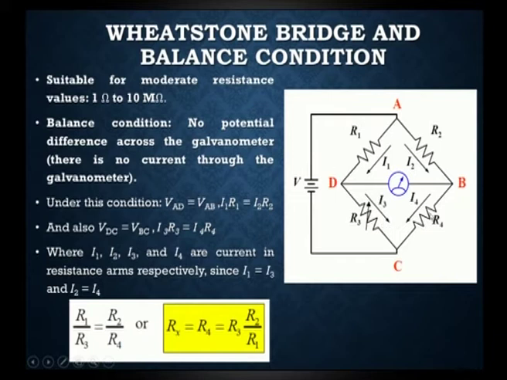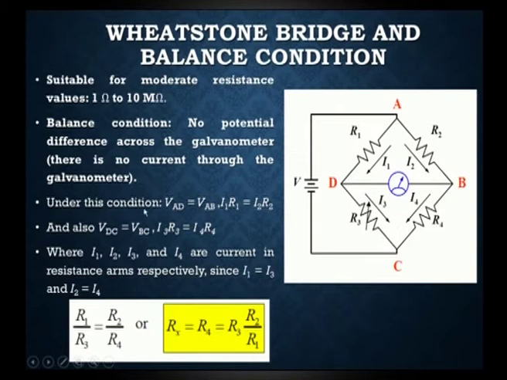The current flowing through R1 is I1, through R3 is I3, through R4 is I4, and through R2 is I2. Across B and D a galvanometer is connected, and the supply is connected across AC. So, the main condition here is the balance condition, Ig equal to 0.